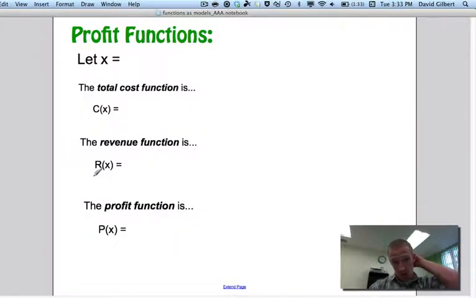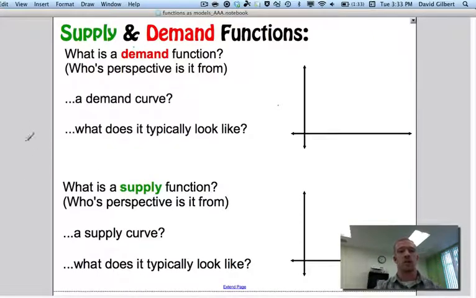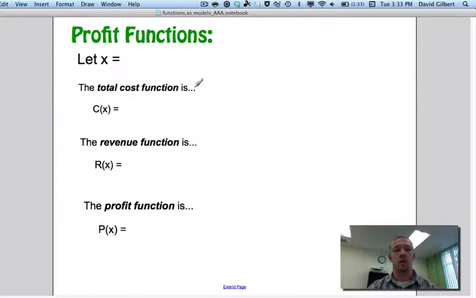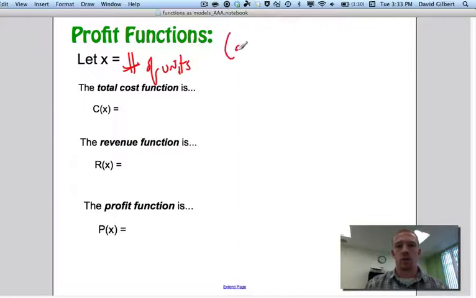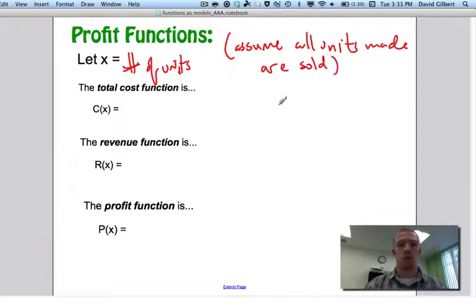Alright, so another important example is profit functions. The profit functions and the supply-demand functions we're definitely going to harp on a lot. So we're going to let x be the number of units. And we're also going to assume that all units made are sold. That kind of simplifies a lot of our calculations.